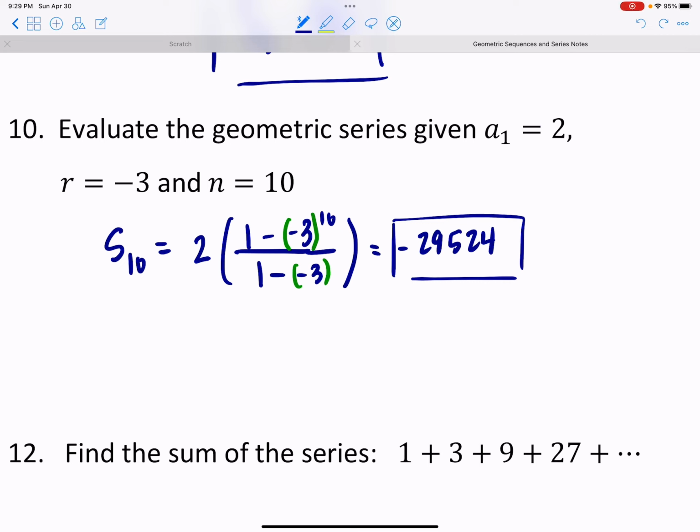Well, maybe not, I guess you could argue. Yeah, okay, so think about if you're making your list. You're at 2, and then you're at negative 6, but then you multiply by a negative again, so you get 18, and then you multiply by a negative again. So the signs are going to alternate. Maybe it's not particularly easy to tell if that's going to be negative or positive, but bottom line, use parentheses and you'll be safe.